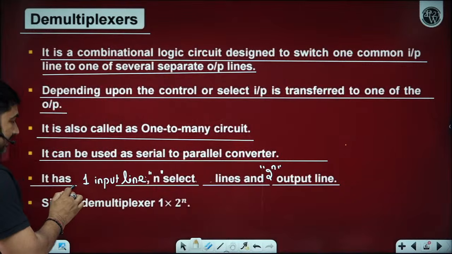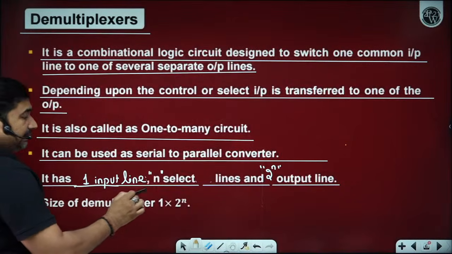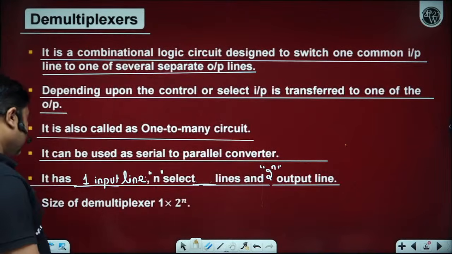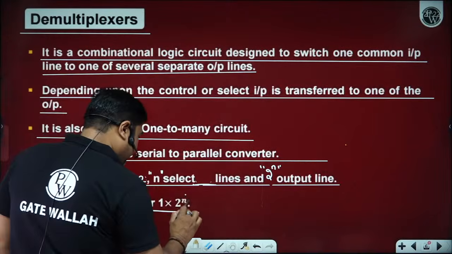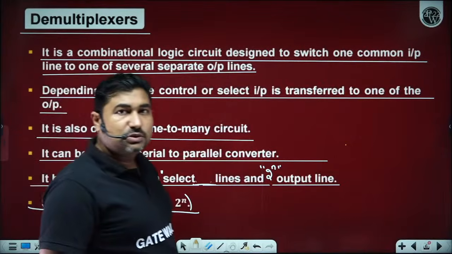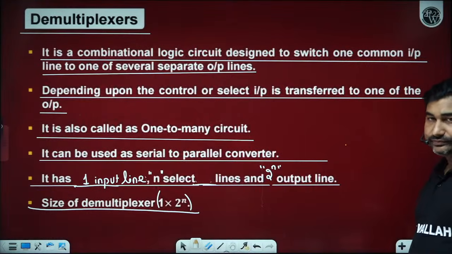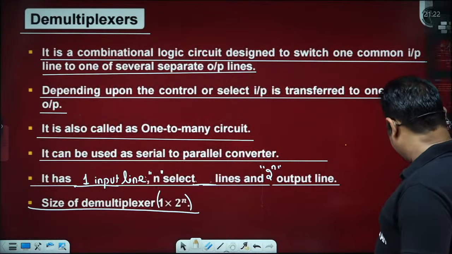So please correct it. It has one input line, n select line, 2 to the power n output line. Size of demux is defined as 1 cross 2 to the power n, where n is the number of select lines. Is it okay? Yes, sir.